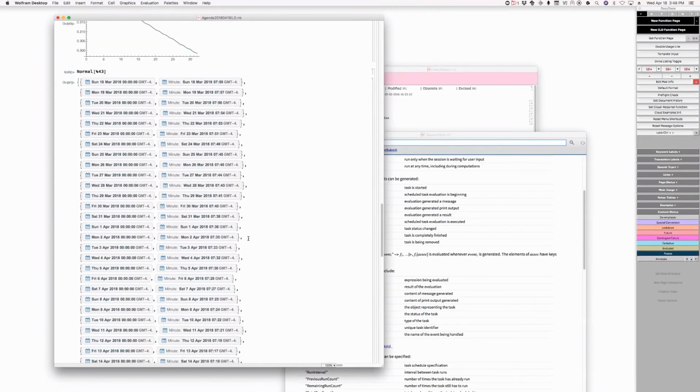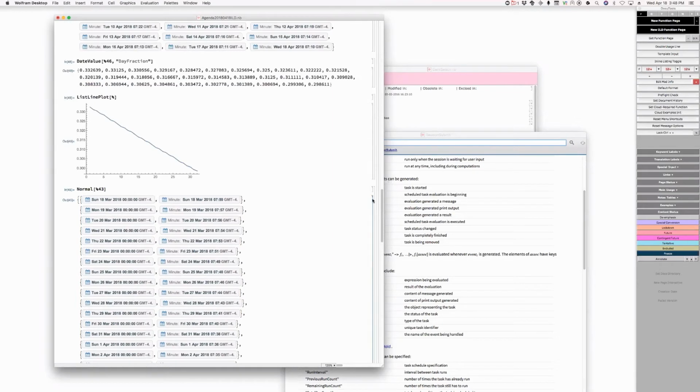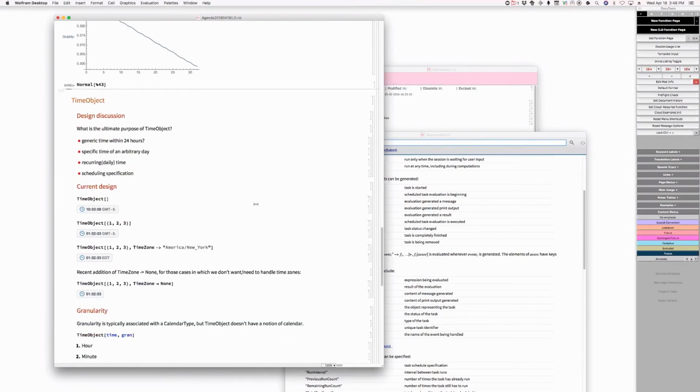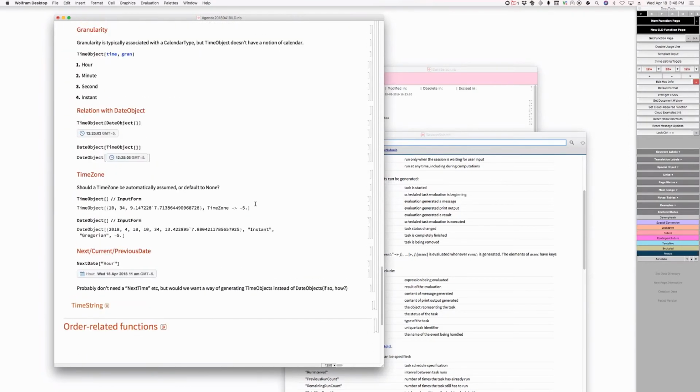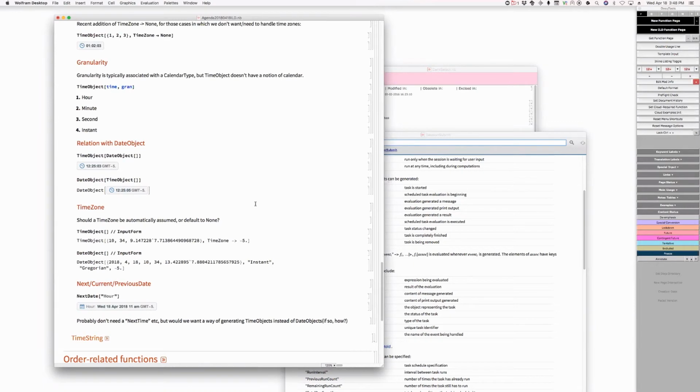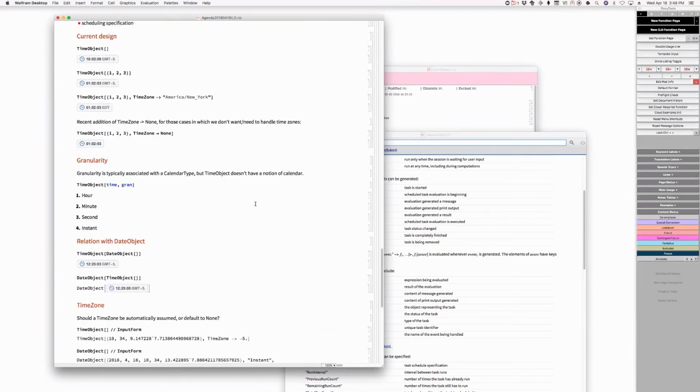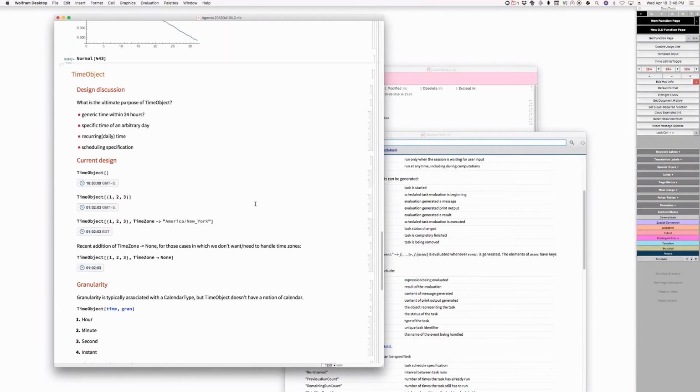Wow, that's a lot of random times there. Which is the time object. Time object is an example then. What the heck is time object? Time object wants to be a generic time within.